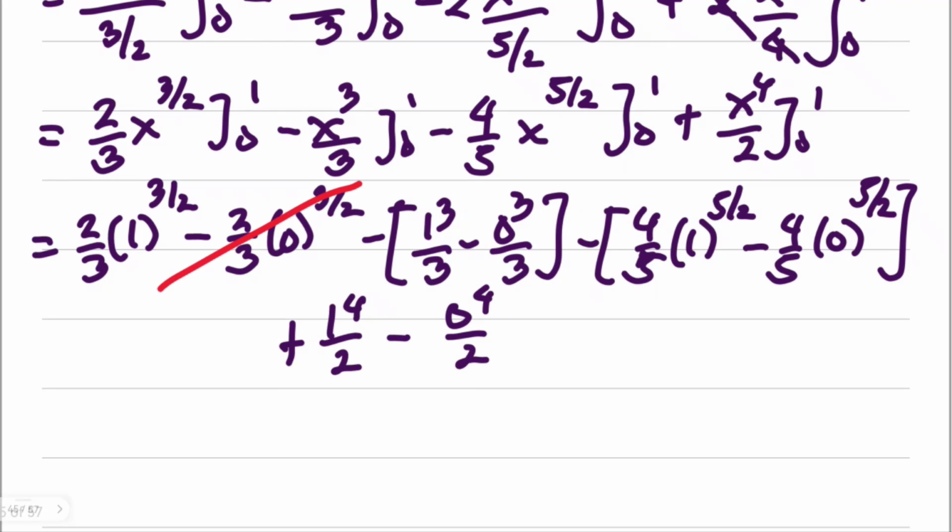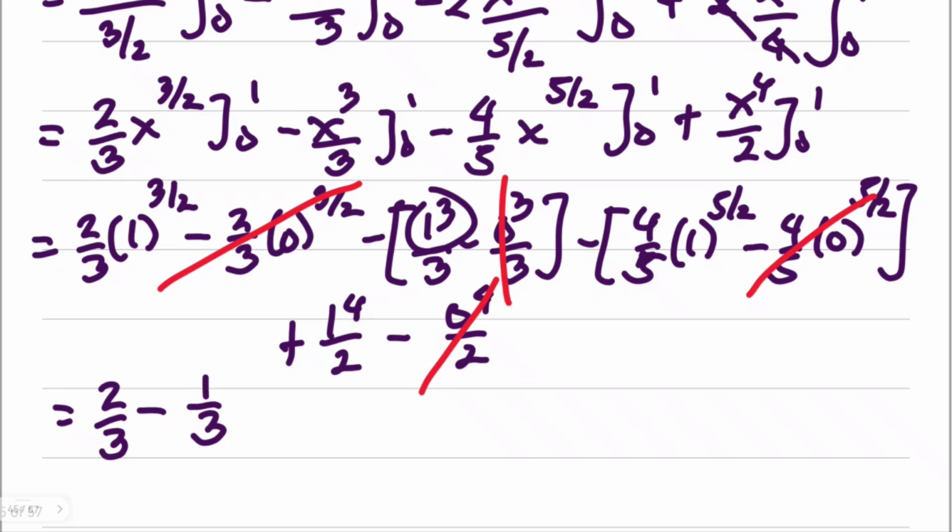Remove all zeros, that's 0, 0, 0. So we have 2/3 times 1 is 2/3 minus 1/3, because that's 1/3. Next, minus 4/5, because you have here minus, but you are to add 1/2.